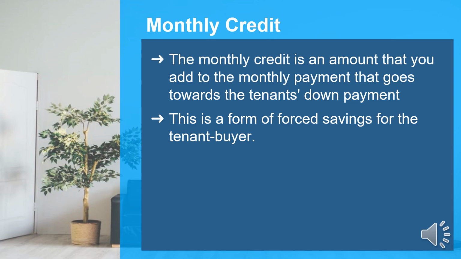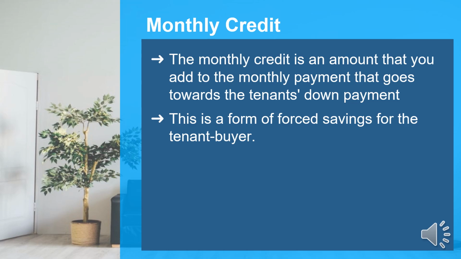You want to make sure that the tenant buyer agrees to it and can easily afford those additional payments, and show them the calculations of why you are adding that amount, what it will help with, and how much it will help them save. So let's say, for example, the tenant buyer needs a down payment of $20,000 to purchase the house.